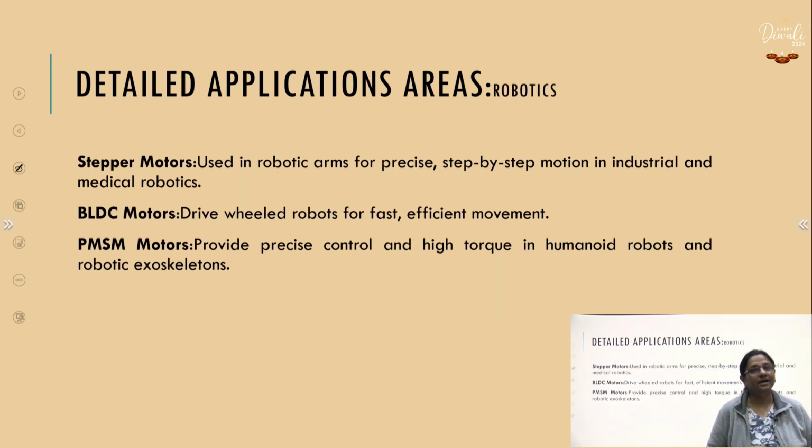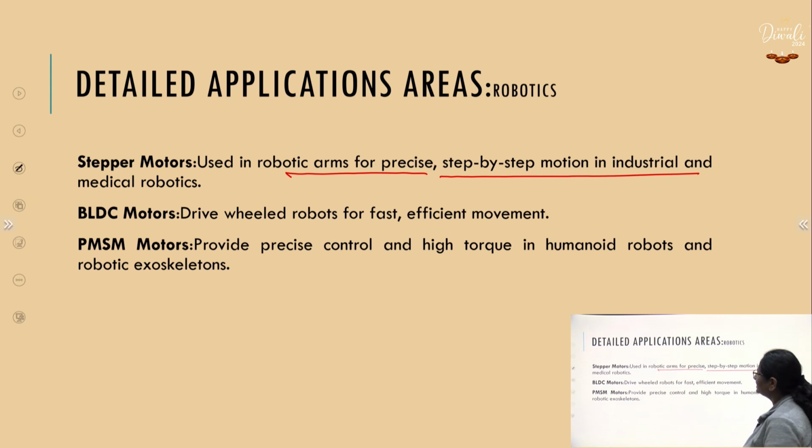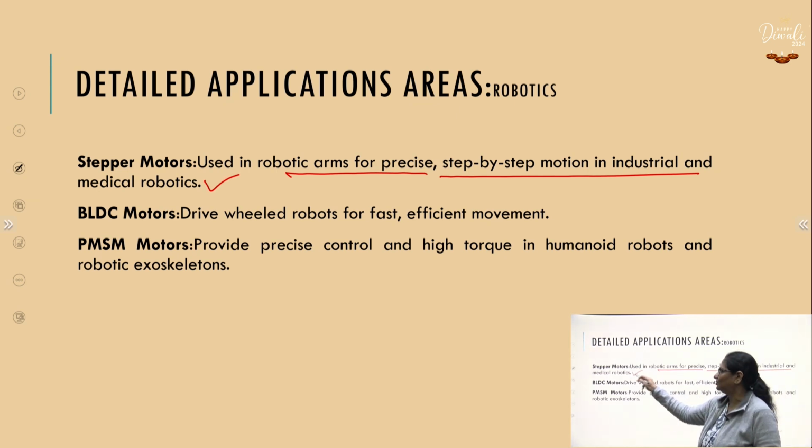Then comes another major application area of robotics. Various motors used in robotic systems are stepper motors, BLDC motors, and PMSM motors. They are used in robotic arms for precise step-by-step motion in industrial and medical robots for precise control.